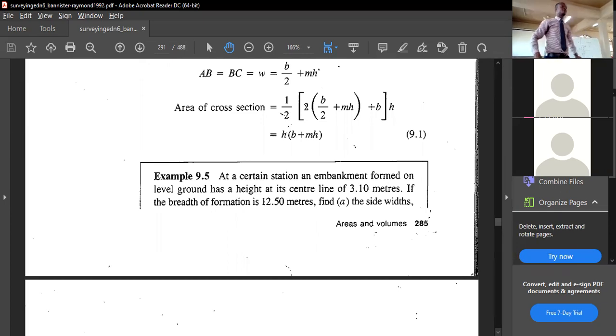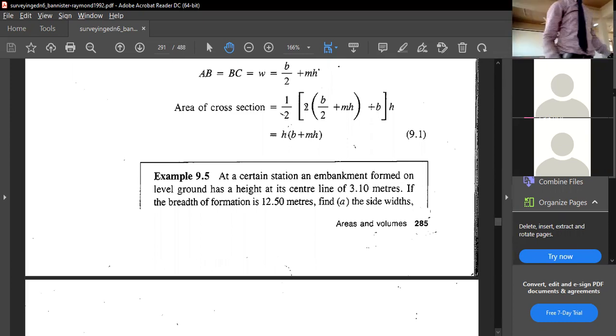Okay, guys, calculate this for me, just to wake you up quickly. Let's do this together. A certain station on an embankment forming a level ground has a height at the center line of 3.10 meters. You see how the question is being put. So what is a station?